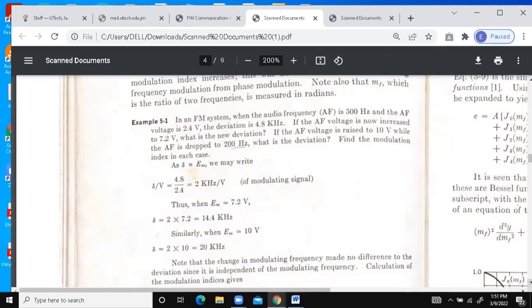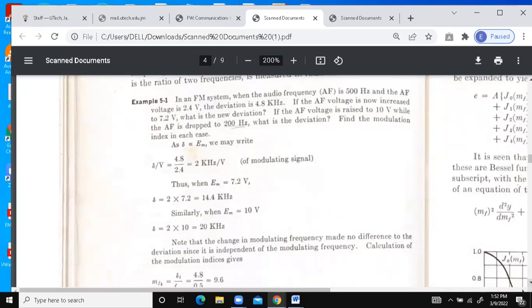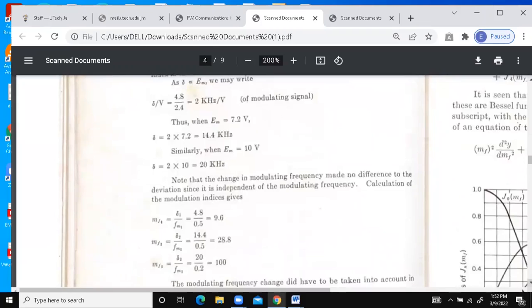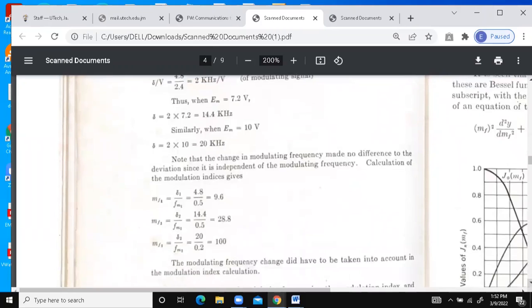Find the modulation index in each case. I never asked it.